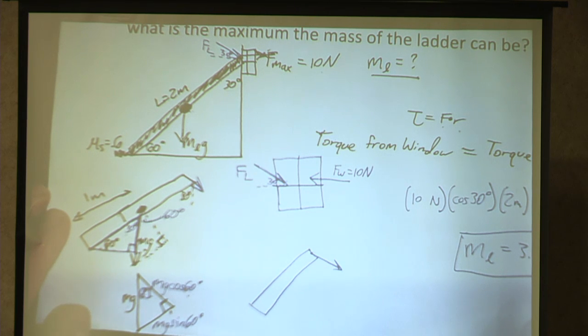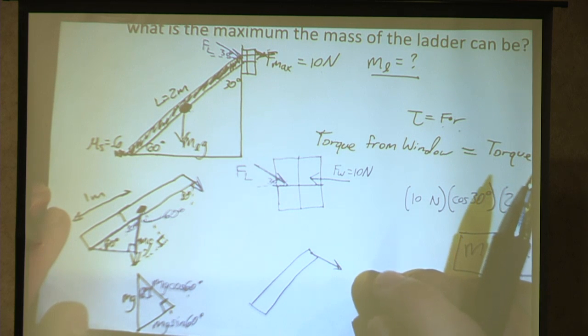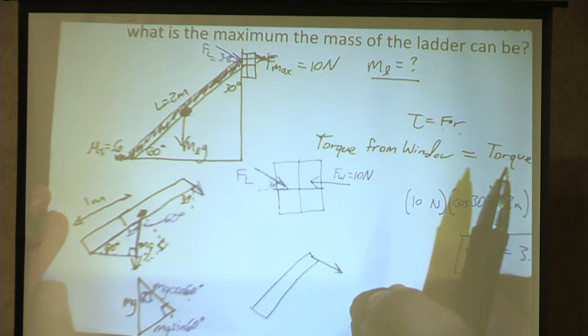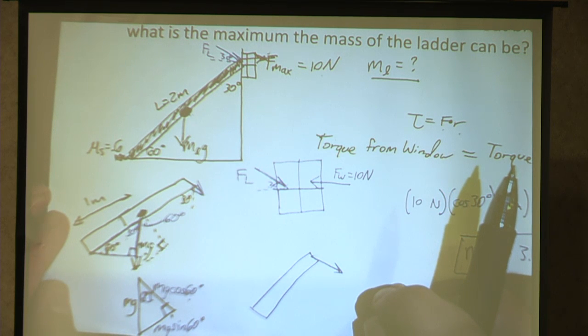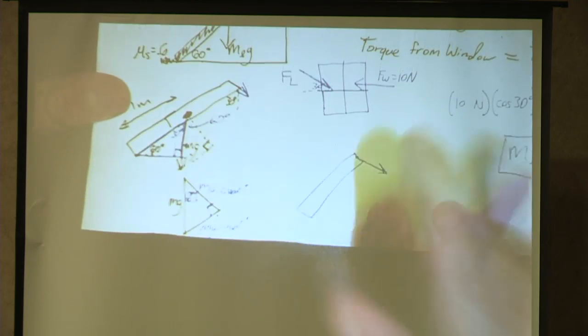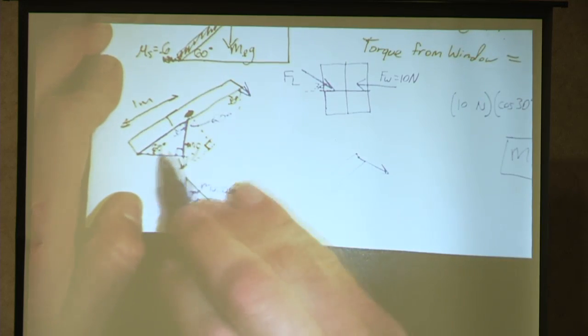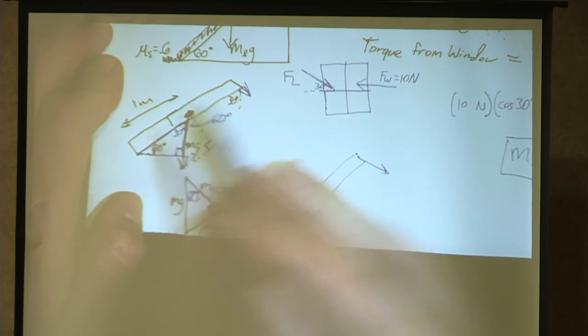Would it have to equal 90? What do you mean by that? Like the 30 degrees and then the angle that the ladder makes on the window, like the force? Yeah, so it's kind of based on this down here. So the ladder is, this angle right here is 60 degrees.